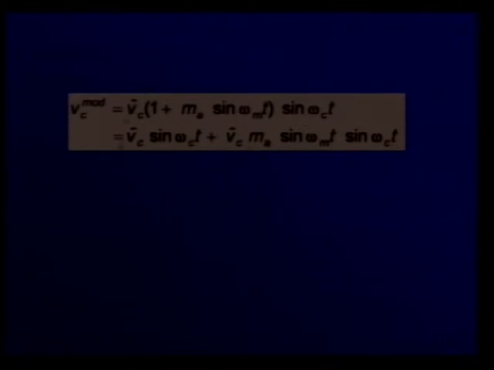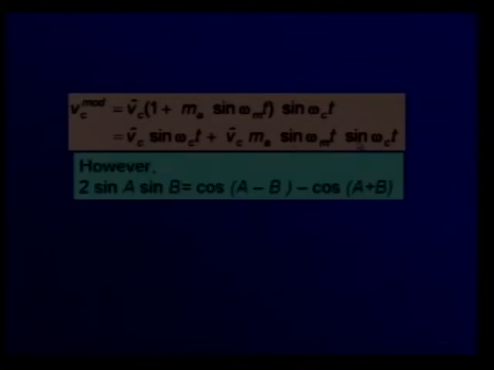This first term is essentially the carrier wave, but this next part is the part of our interest here, and this is of the type sin A into sin B, right? It is Vc cap Ma sin omega m t sin omega c t, which just looks like sin A sin B. But as you know, sin A sin B is nothing but 1/2 cos(A minus B) minus 1/2 cos(A plus B).